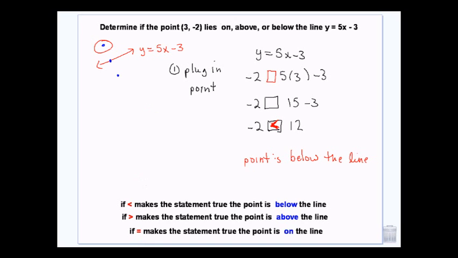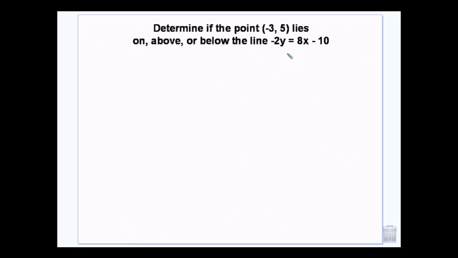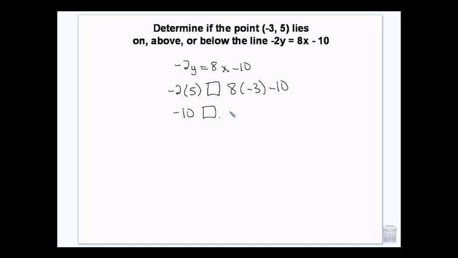Okay, want to try another one? Yes. Okay. I have 2y equals 8x minus 10, and the point is negative 3, 5. Okay, negative 2 times 5. Got my x and y correctly this time. So that's negative 10. And this is negative 24 minus 10.